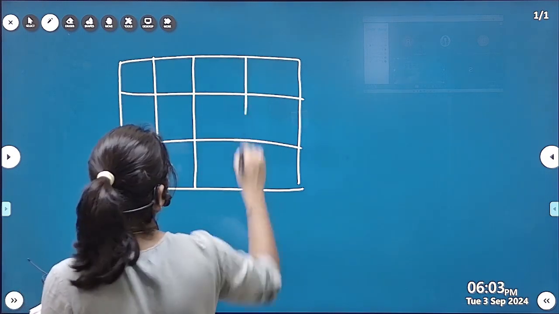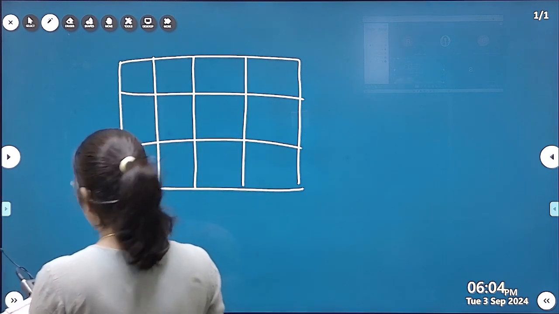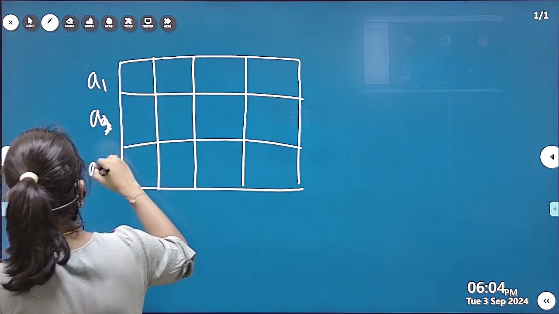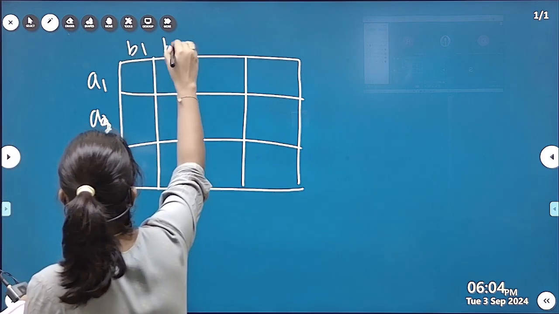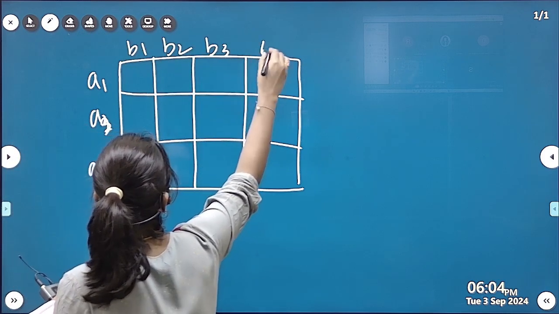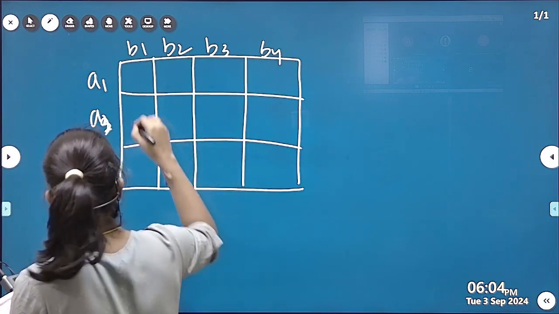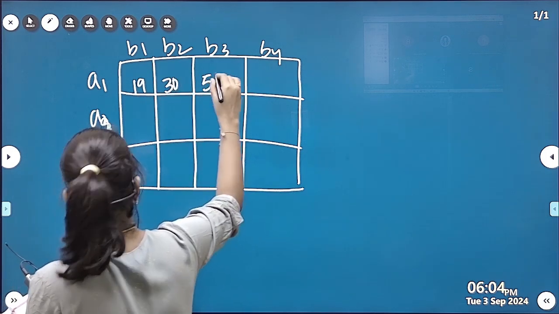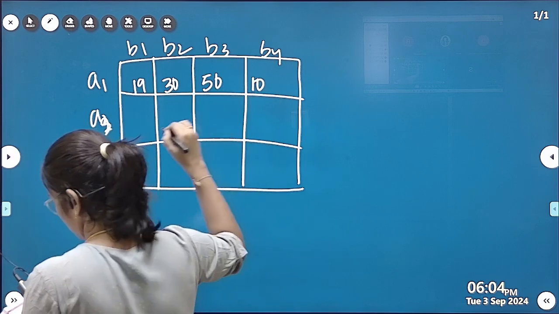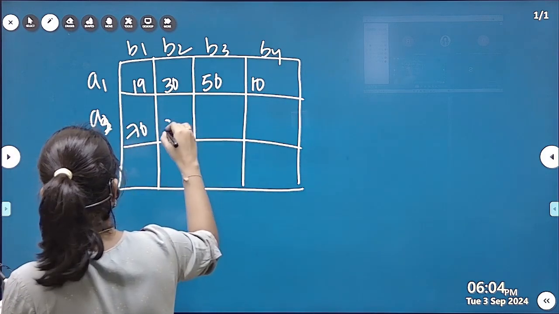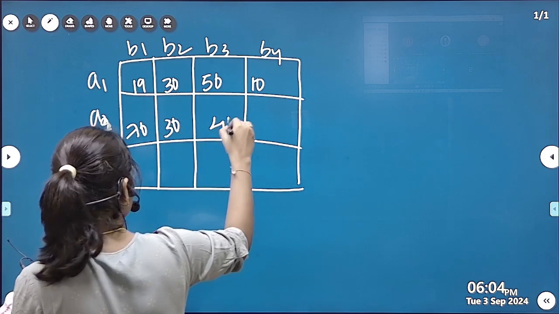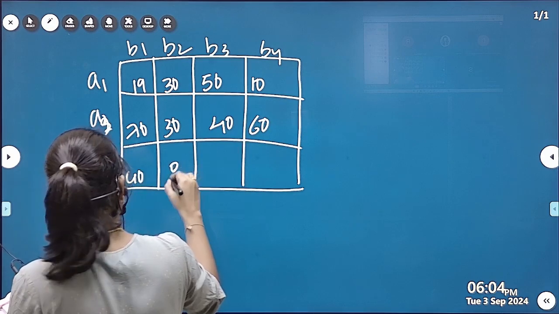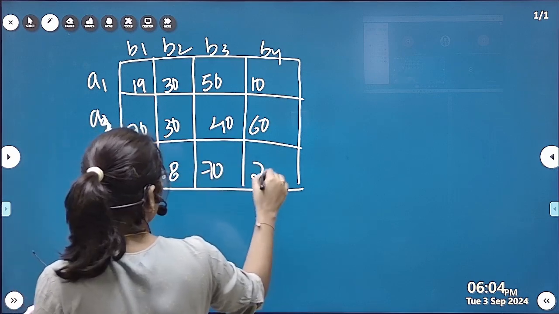So next question: A1, A2, A3 and B1, B2, B3, B4. This is a matrix: 19, 30, 50, 10; 70, 30, 40, 60; 40, 8, 70 and 20.